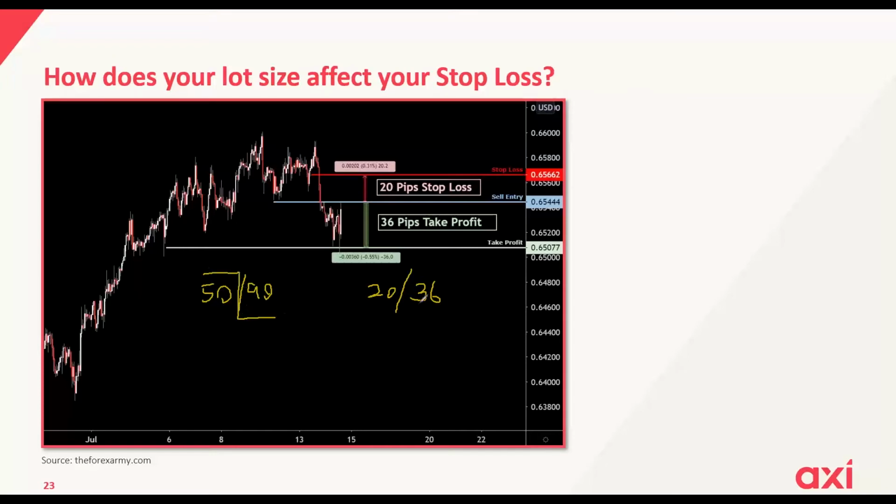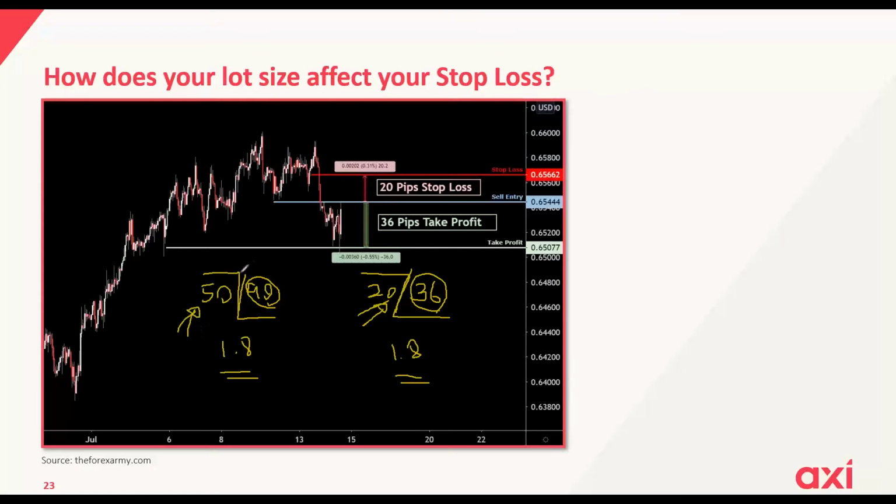You should get the same answer, 1.8. So they are both the same. Whether you are doing a 36 pip profit or 90 pip profit, you're making the same amount of money. The reason for that is because you need to look at how much you're risking on the trade.